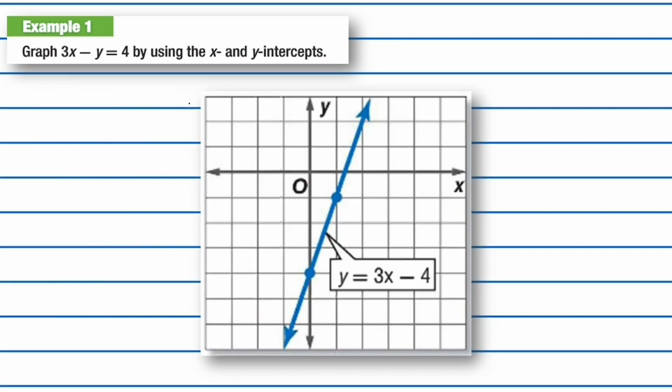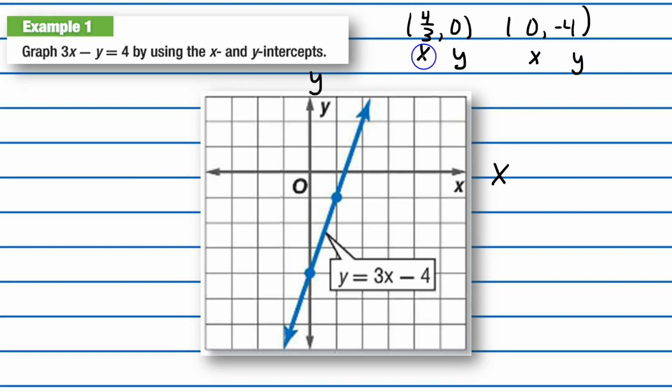Alright, so this one's already graphed for us, but I still want you to see how I got these. So 4/3 and 0, and then we also had 0 and -4. So first of all, remember these are x's and these are our y's. X, y, x, y.